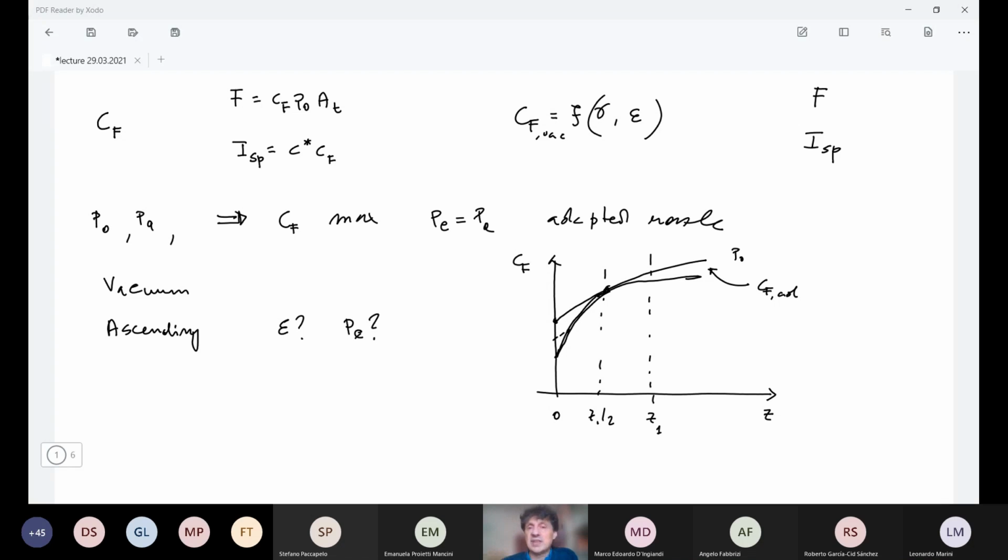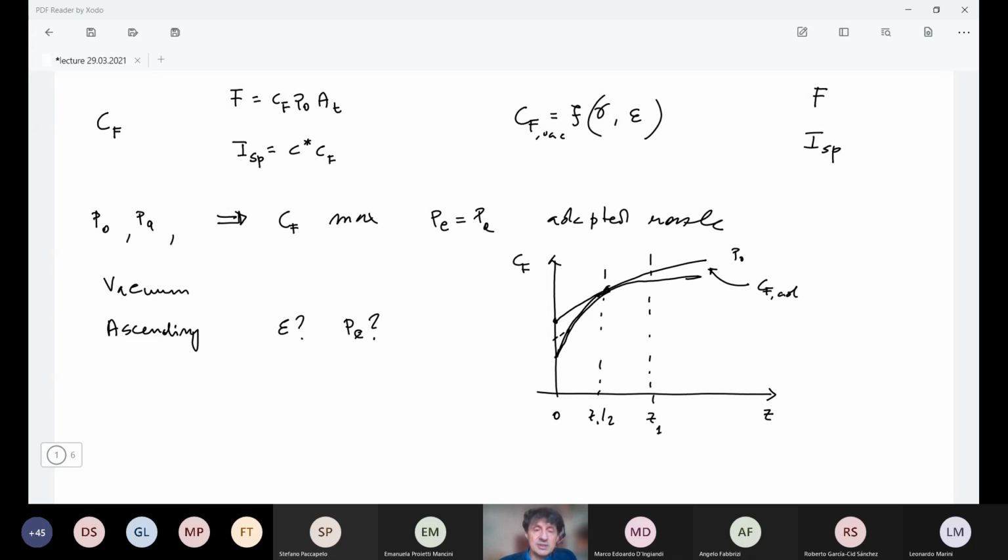So if you balance time spent at low altitudes and the time spent in vacuum, you will find that your optimization will tell you that you should optimize for the vacuum conditions. And this means that the design should be like the design for the vacuum engines. So as much epsilon as we can.